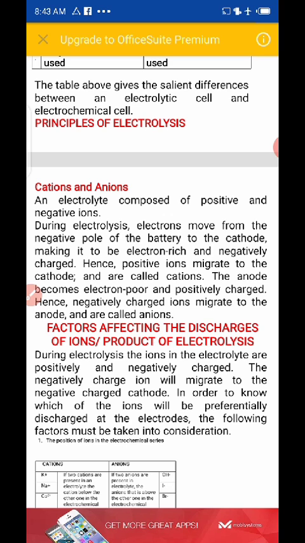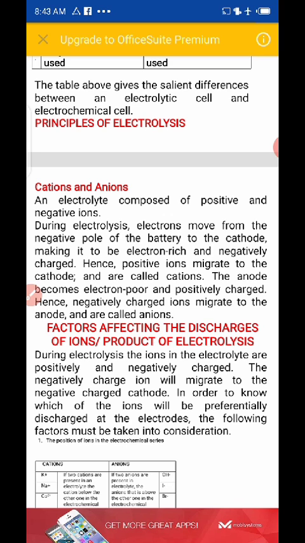The anode becomes electron poor and positively charged. Hence, negatively charged ions migrate to the anode and they are called anions. What are we saying here? During electrolysis, electrons move from the negative pole to the cathode, which then becomes negatively charged.